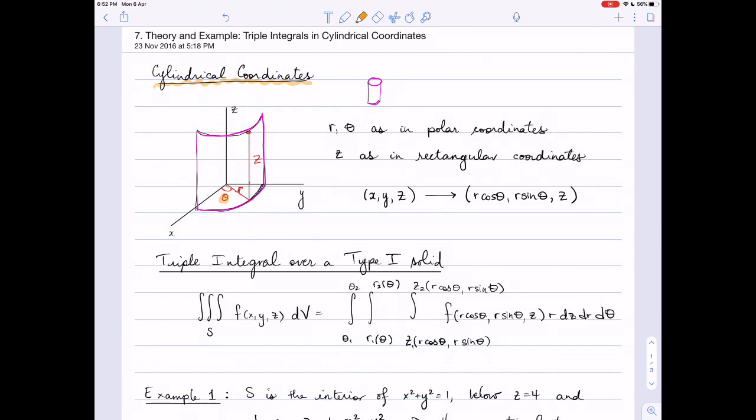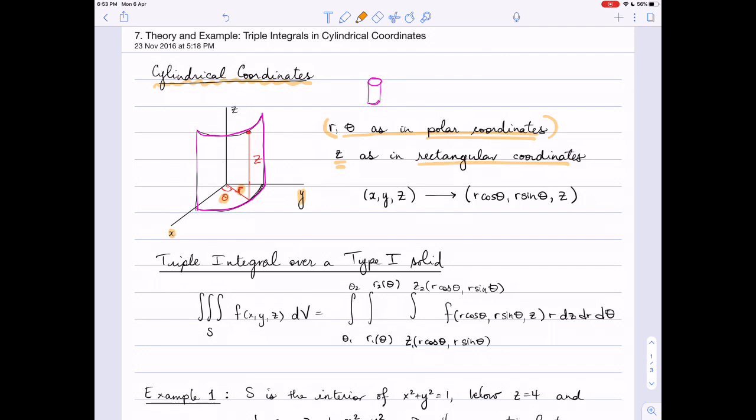And if you just put those together in the xy plane, those would just be polar coordinates. So r and theta in the xy plane act as they would in polar coordinates. The only thing that we add in addition to that is a z. And this z is as if it were in rectangular coordinates.